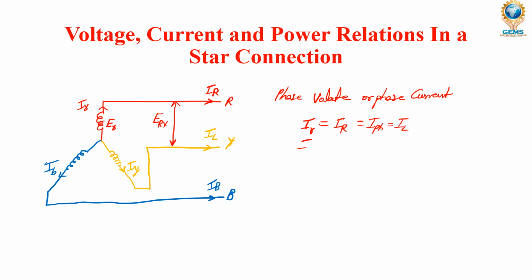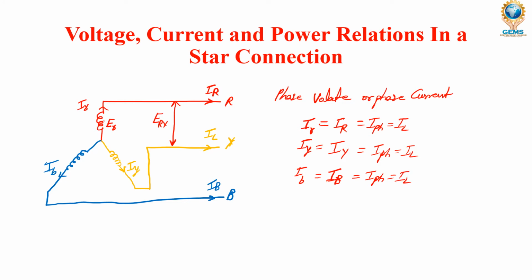Similar to this, IY is equal to I capital Y, that is the phase current and current in line. Similar to this, Ib, current in B phase, equals I capital B, the line current in B phase. This is the phase current and this is the line current.